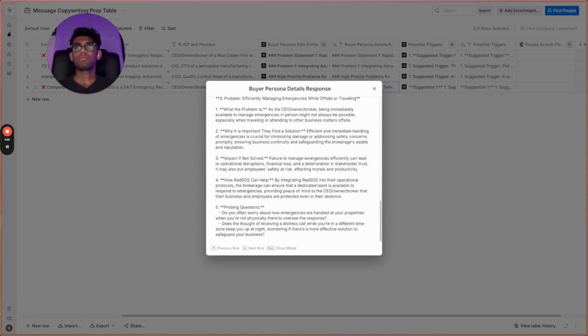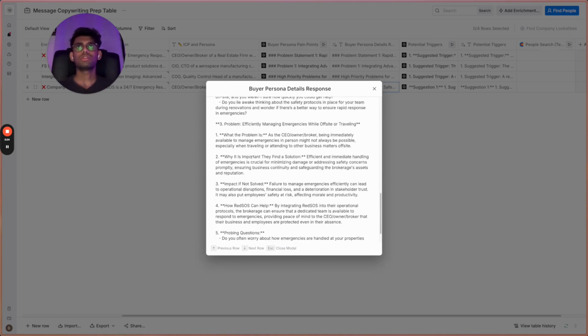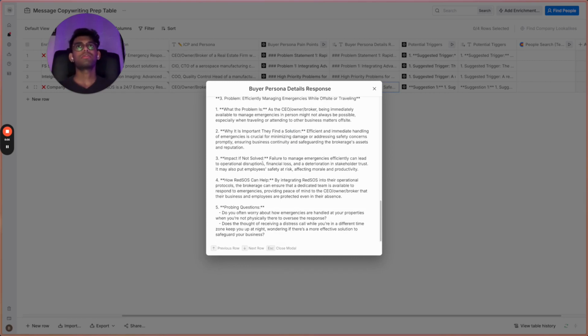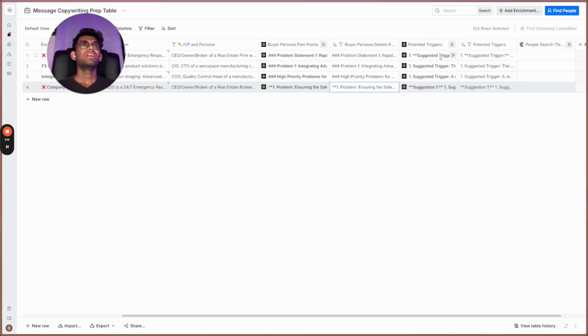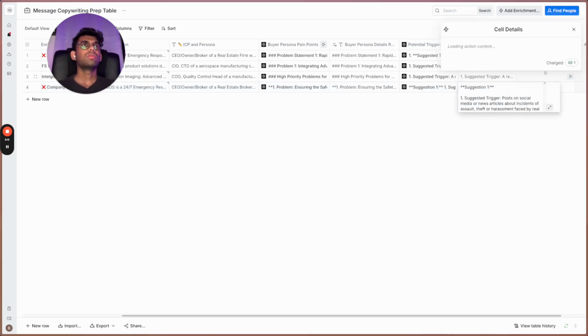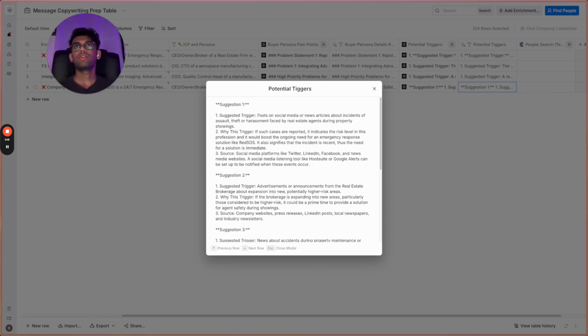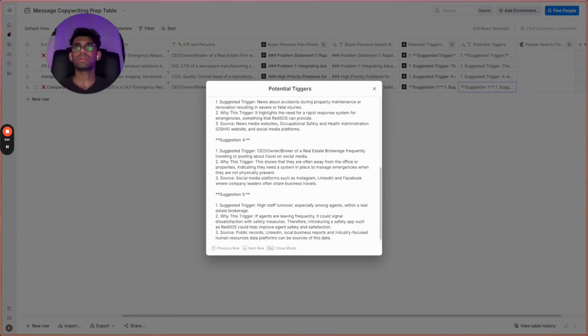It'll usually give you three problems, what the problem is, why it is important, the impact if you can solve it, and all that. Also, it will give you triggers to monitor, so we can monitor these and reach out based on these triggers as well. It gives 5 suggestions. This is just a base foundation, and then we can work on this as well.